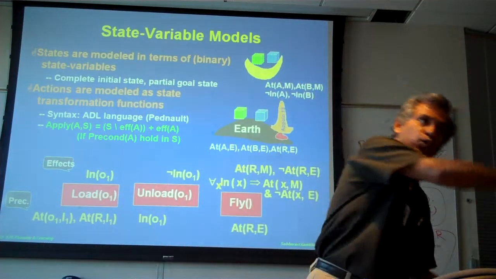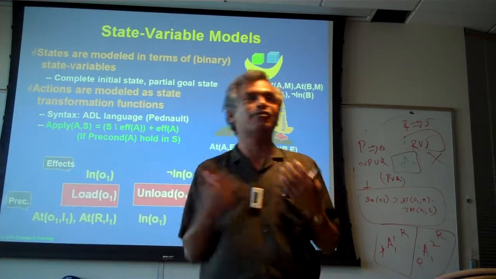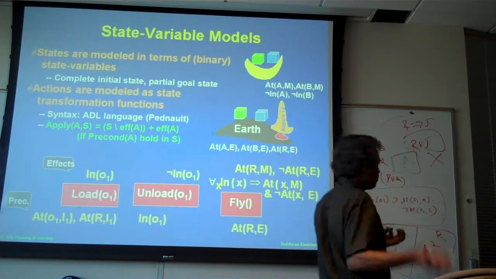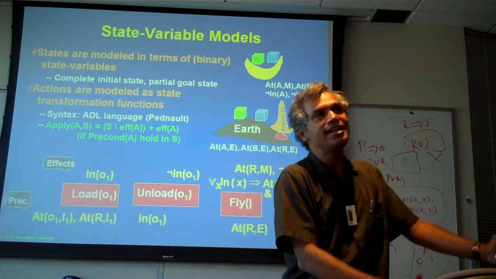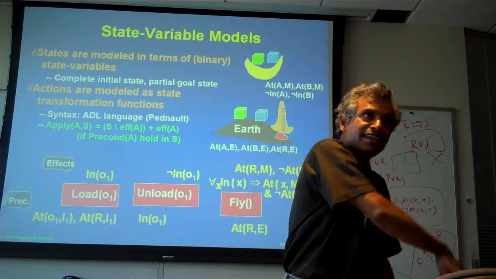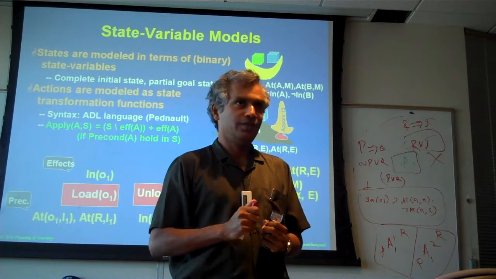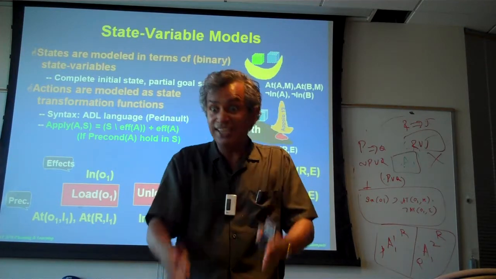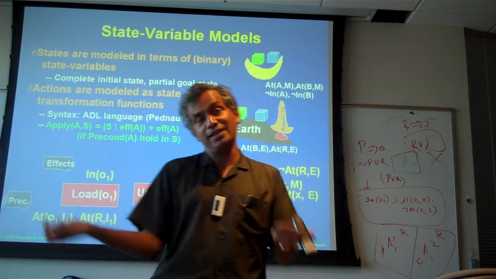If R were true in the world before, J would be true in the world after. Normally when I say conditional effect, I completely mean that the antecedent is true in the previous state, and the consequent is true in the next state. Whereas if I just write a normal disjunction, I mean that disjunction is true in the post state. And if it is true in the post state, that means it's a disjunctive effect.